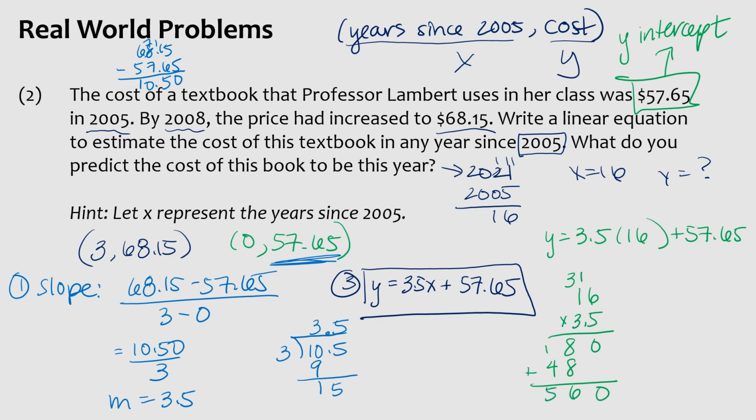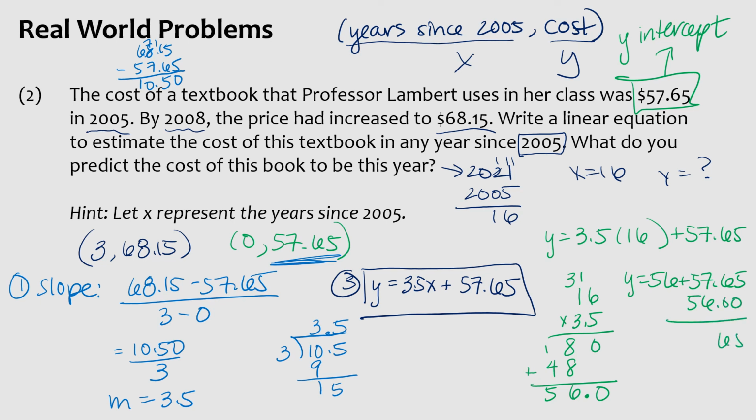And I can't forget that lovely decimal point. So I'm going to put that back in. Okay, so I get 56. All right, so that's y equals 56 plus 57.65. So I'm going to put this here just to make my life a little bit easier.